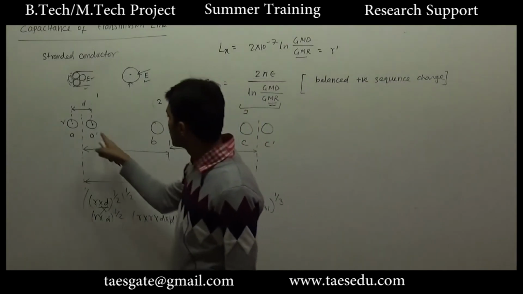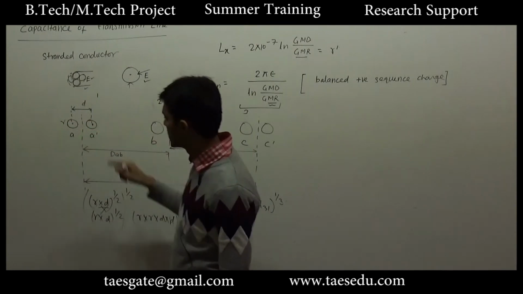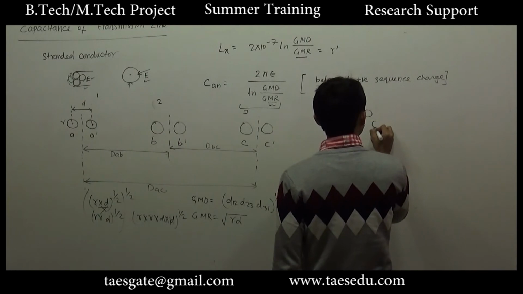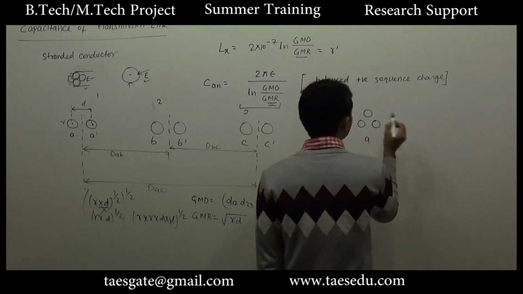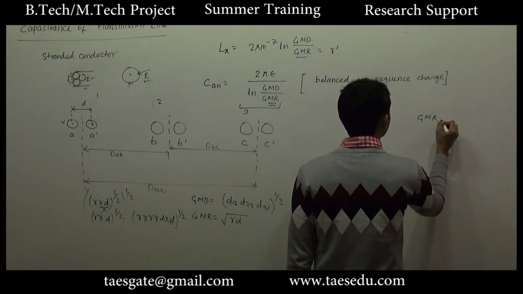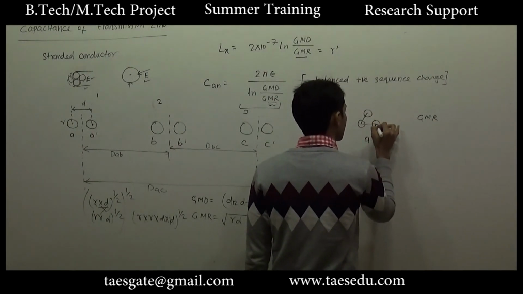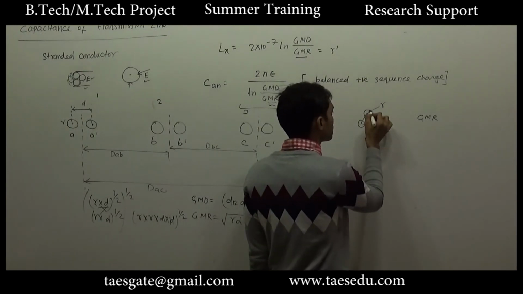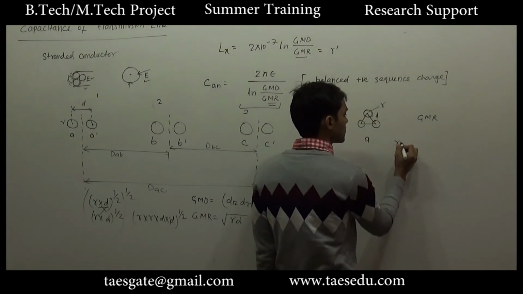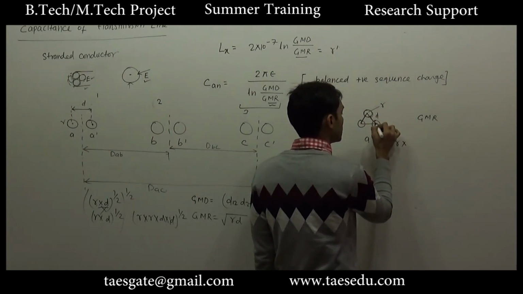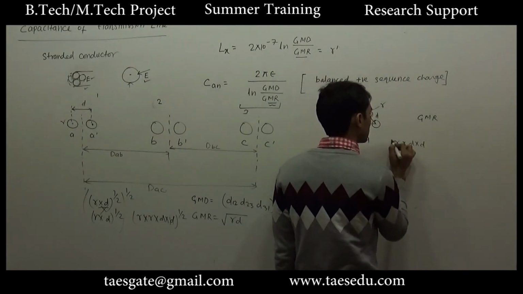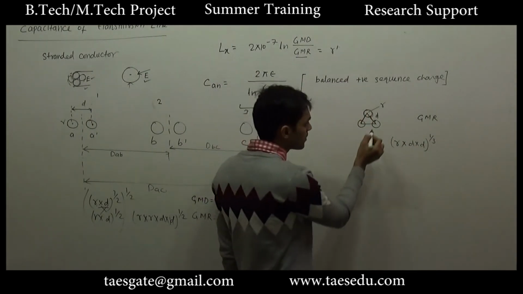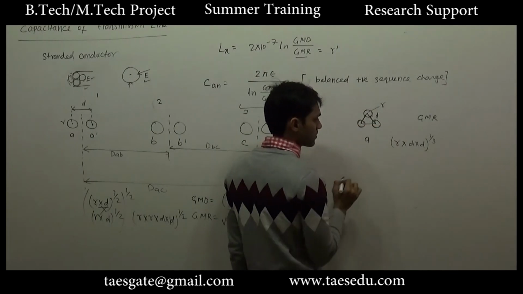And in one case, let's say in place of two conductors we have three conductors. In A phase only, let's say we have three conductors. So what will be GMR here? Let's say the distance between each conductor is d and its radius is r. So for the first conductor there will be three distances, r, d and d, to the power 1 by 3. And the same will be for the second and third conductors.